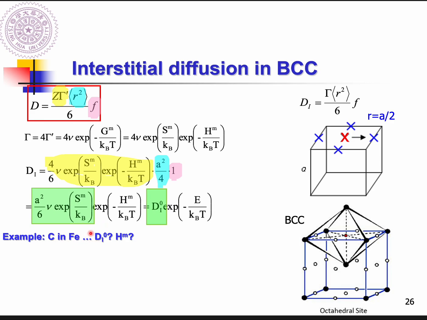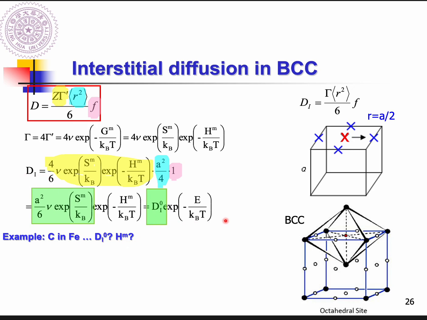First of all, you need to make some descriptions. For example, because the size of carbon is small enough, when you try to dump carbon into iron materials, the carbon for sure will diffuse through the interstitial diffusion mechanism. Based on this, how do we get D0 and migration energy?